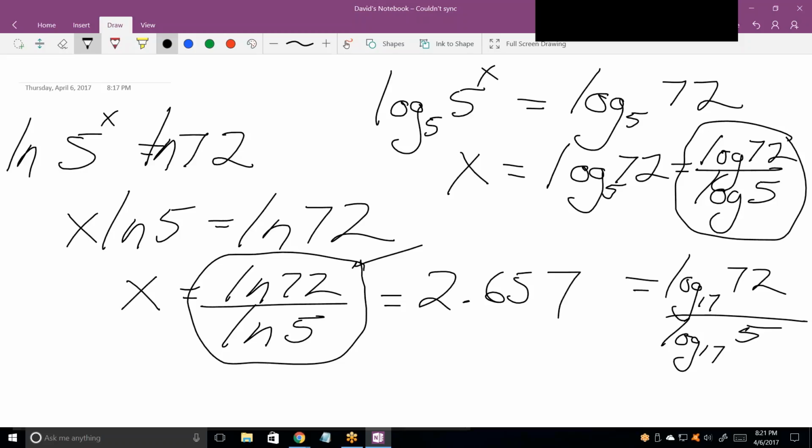All my answers are going to end up natural log ratios. All your answers would probably end up log base 10 ratios, which is just as good. No difference. But if you do it what looks like the easiest way, then you have to know the change of base formula. Not everybody remembers the change of base formula. So it's actually better to do it the way I did it in the first place.